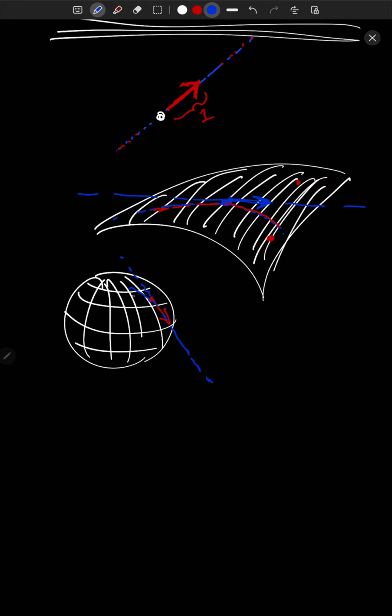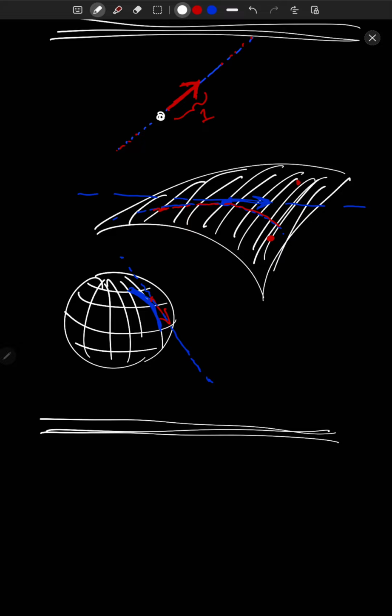So I have to use a curve to understand the derivative. Okay, so that was the reason why we defined the directional derivative so generally.